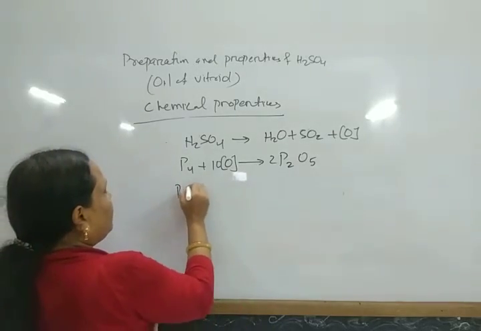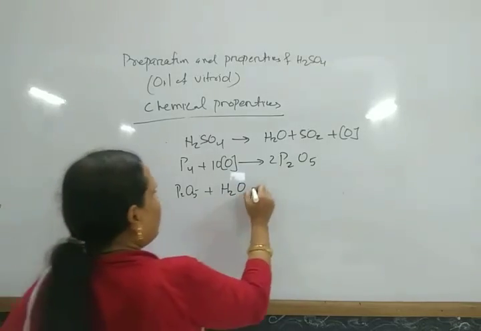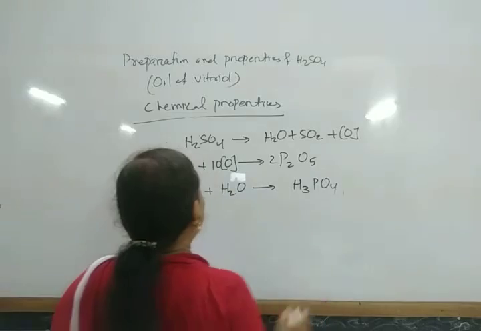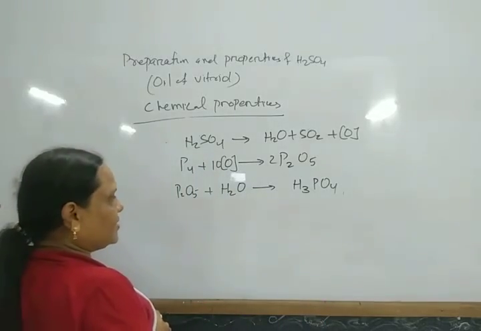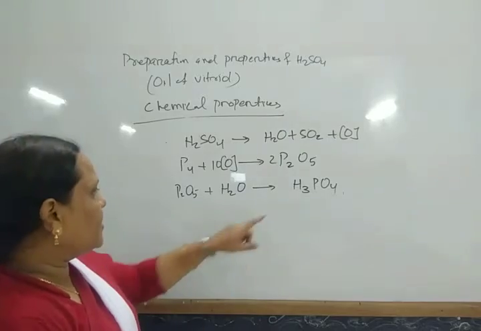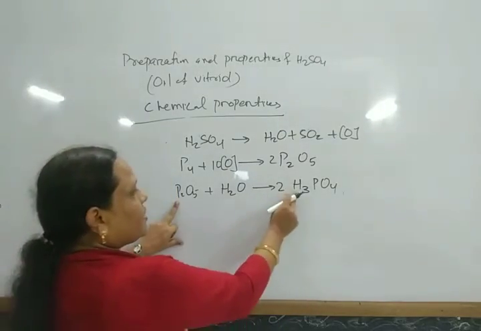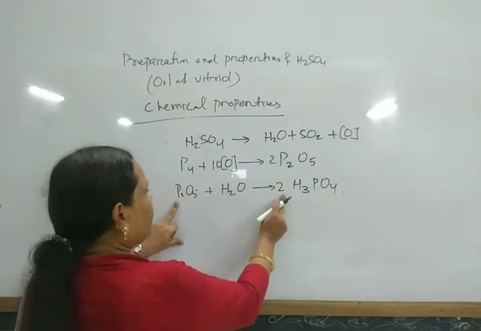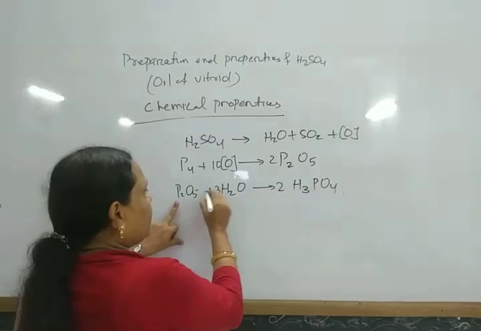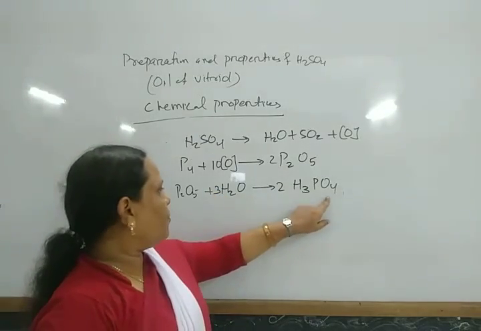And P2O5, when treated with water, forms H3PO4, phosphoric acid. As there are 2 P, there are 6 hydrogen, so 3 H2O. So total 3 into 4.